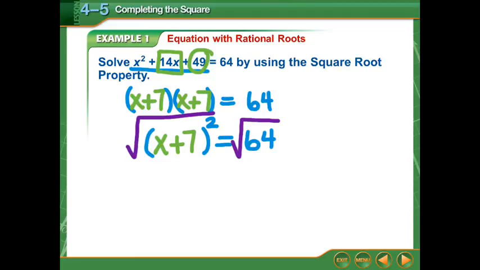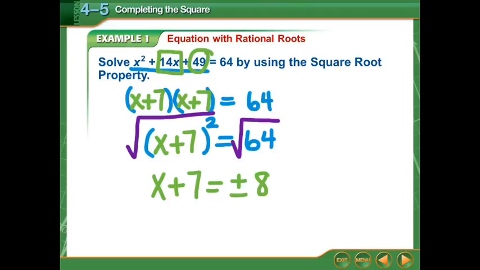So on the left-hand side, when you take the square root of a square, those are going to cancel each other out, and we're left with x plus 7 on the left. Now on the right-hand side, remember anytime you take the square root of a number, it's always going to be the positive and negative square root of that number. And I know that the square root of 64 is 8, so this is plus or minus 8.